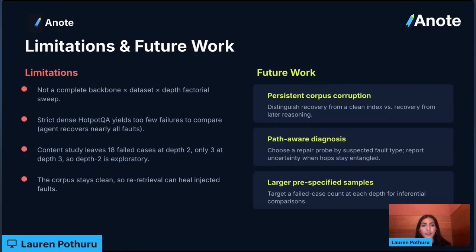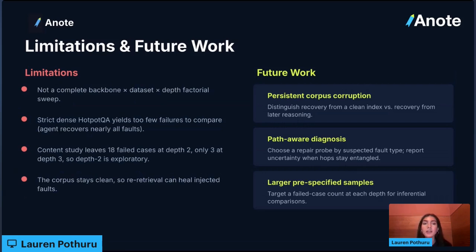Also, our corpus stays clean, so it means that re-retrieval can heal some faults. And so if something failed and then the agentic system goes back to our corpus to get some sort of follow-up information, since it's pulling from a clean corpus, it might be self-correcting at a higher rate than a production RAG system would.